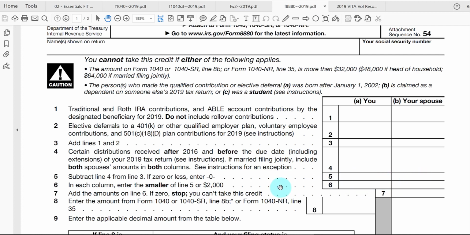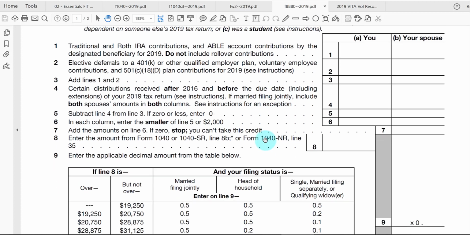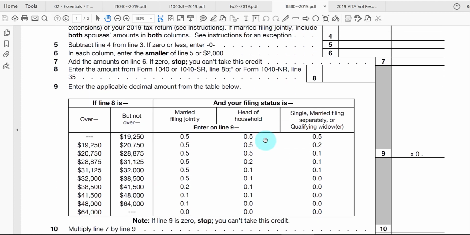There is a dollar limit per taxpayer here, 2,000 per year. And that's what goes here in line 6, a maximum. Then we combine the two amounts here in line 7 if again it's a joint return. And then that's not going to be the credit. The credit rate is going to be based upon the taxpayer's income.